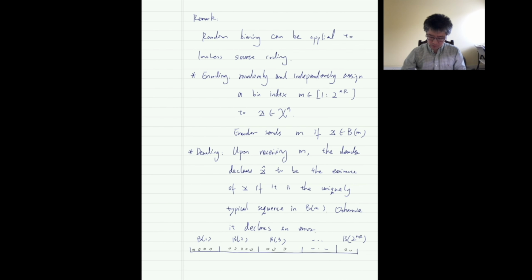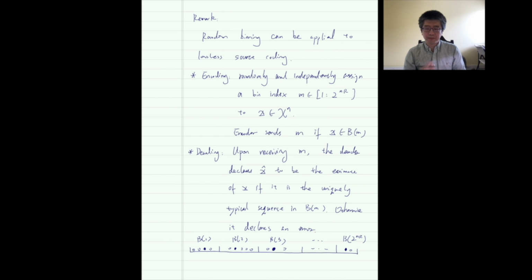With high probability, if we pick R correctly, there will be only one sequence in each bin that is a typical sequence, like this black dot, and that's basically our encoding idea.